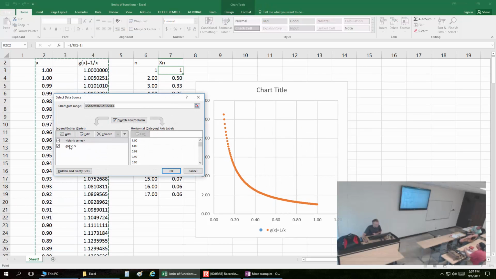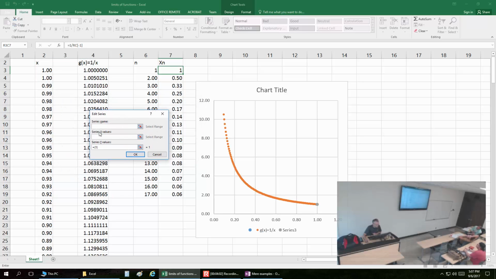I add this, the axis, or xn if you prefer. The x values will be these, and the y's should be zeros. I think this should work.